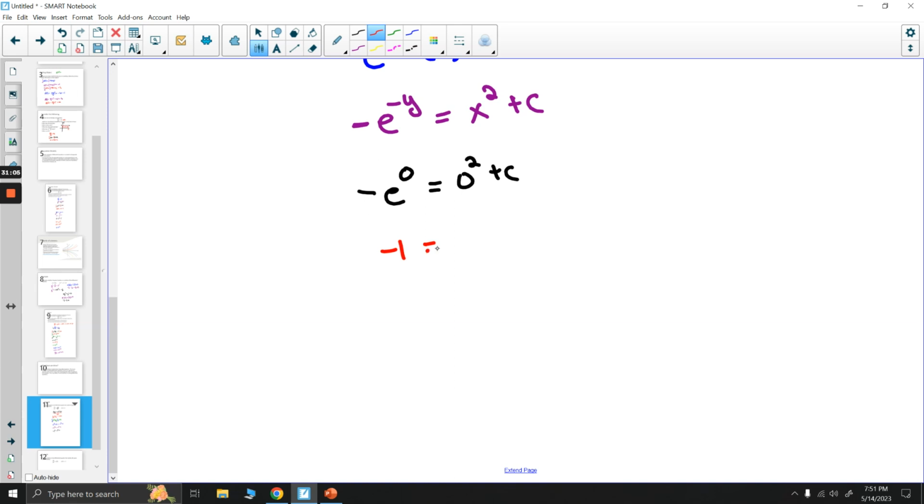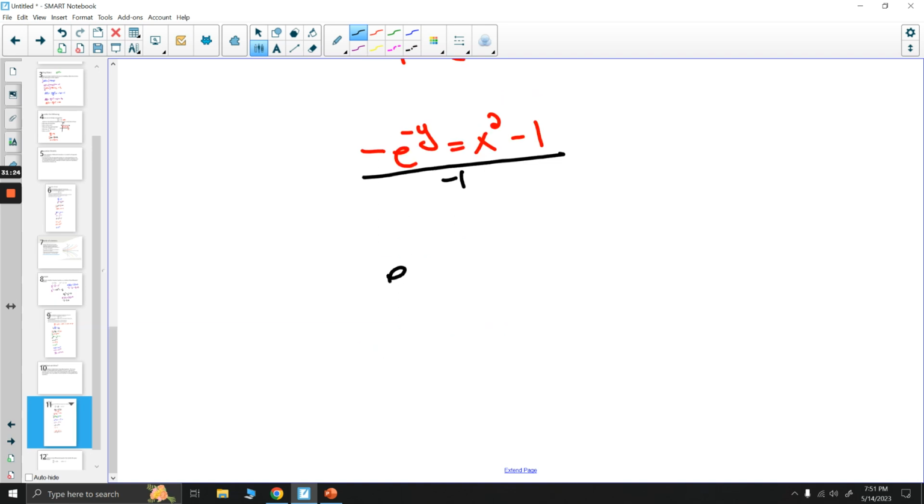This is negative 1 is equal to our constant here, c. So what we have then is negative e to the negative y is equal to x squared minus 1. This is explicit, sort of, but we need to actually solve for y here. So what we're going to do is multiply or divide everything by negative 1. So we get e to the negative y is equal to negative x squared plus 1.